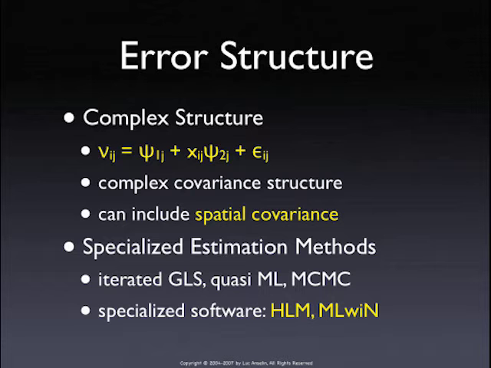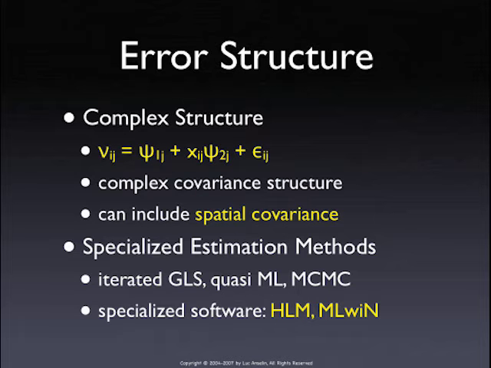But typically what is done in these kinds of models, or at least in the applications that I've seen, is that the spatial autocorrelation is introduced at the higher level. So you would have a spatial process applied to the statewide error terms, and that would then be reflected in a very complex covariance structure for the error term.